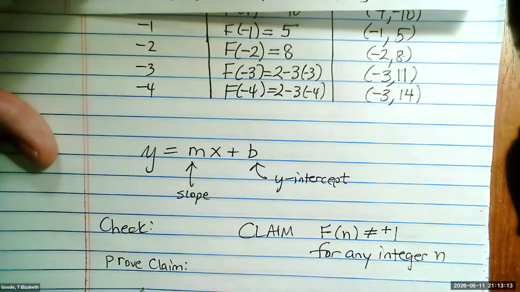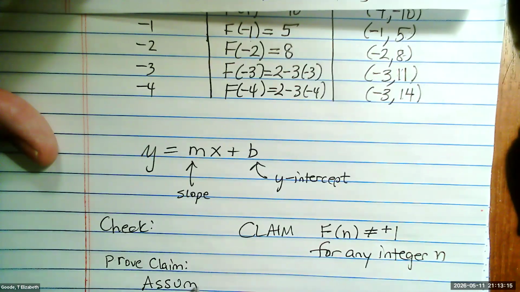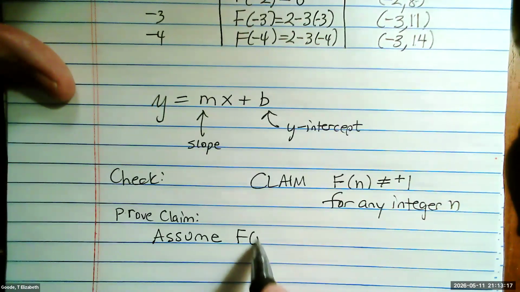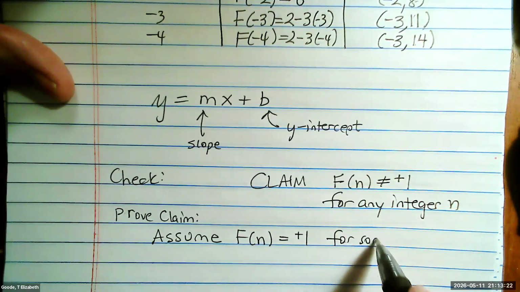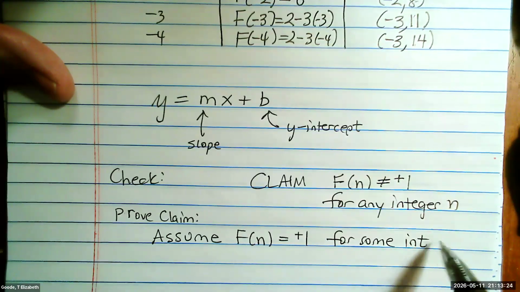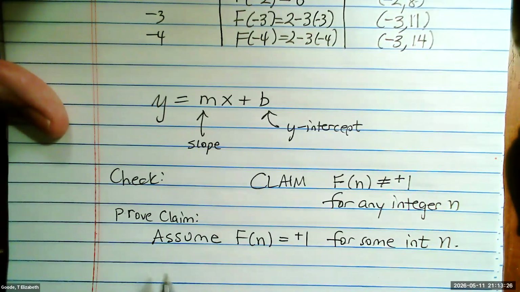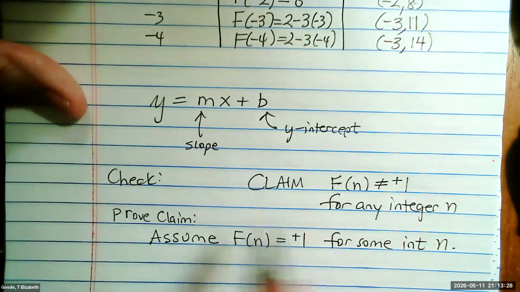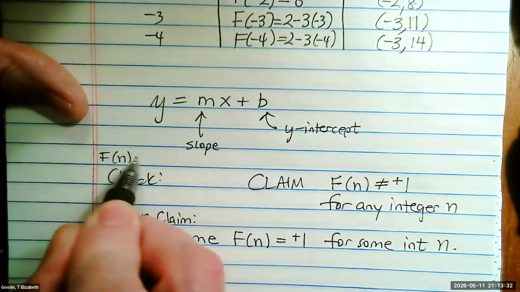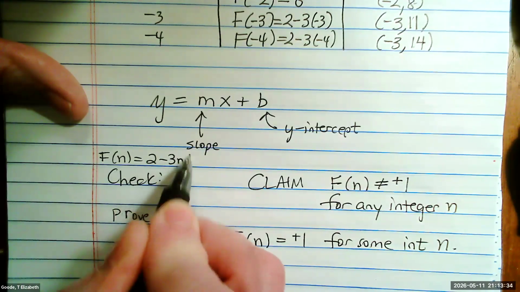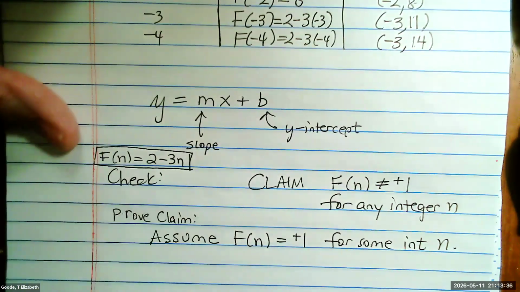Well, let's just assume that f of n is equal to positive 1 for some integer n, okay? Let's see what happens. Well, the function here, f of n equals 2 minus 3n, right? That's our definition. We've got to use that.